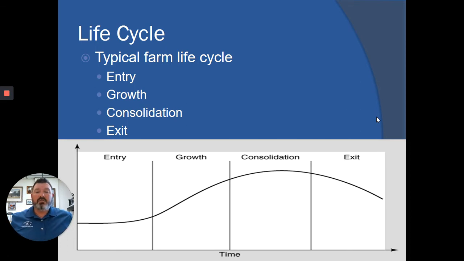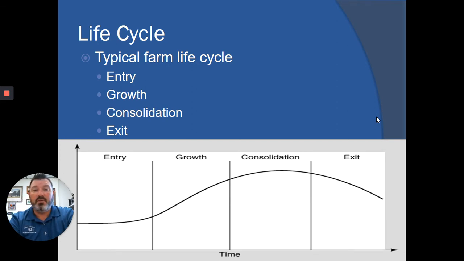Now, your textbook gives this time frame of a typical farm life cycle, and notice there's no number of years at the bottom. It's all considered equal, which we know isn't true because those vertical lines could slide left or right at any point in time. But we typically see a farm life cycle as some entry phase where you're just getting started in the business.